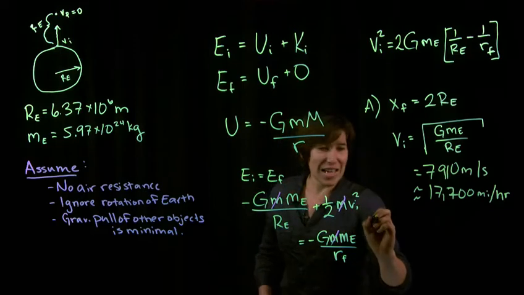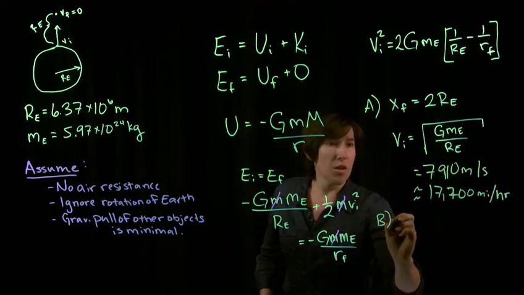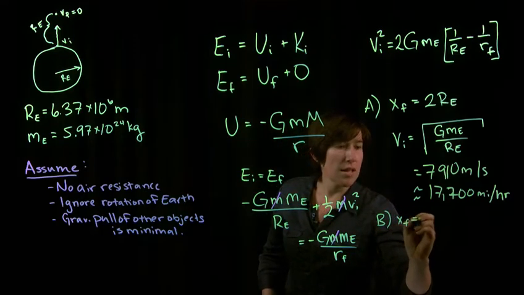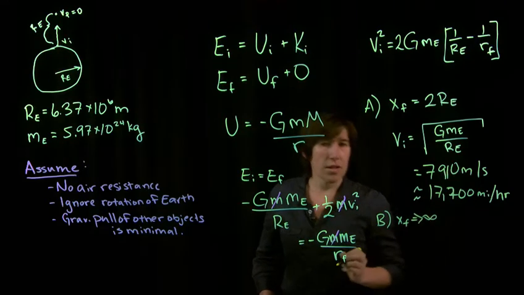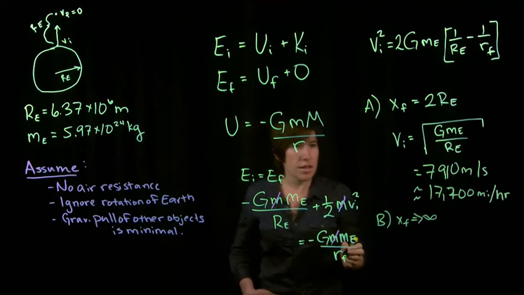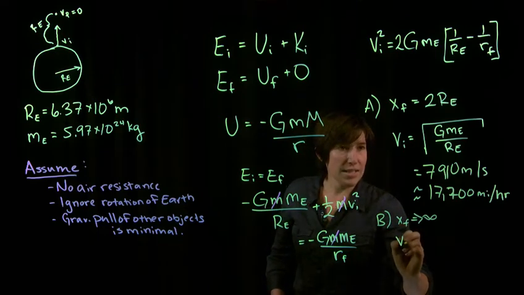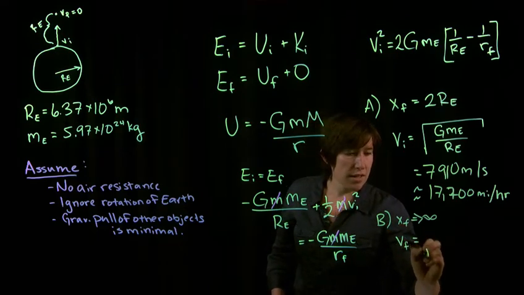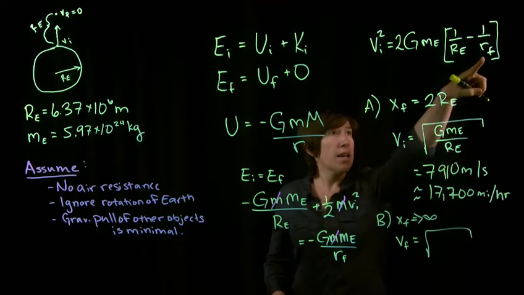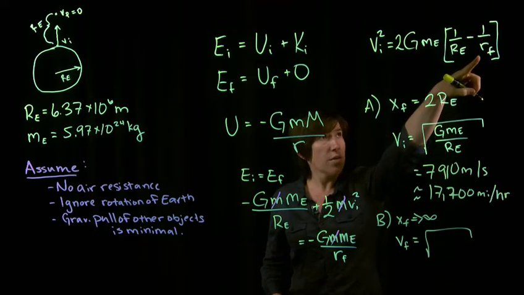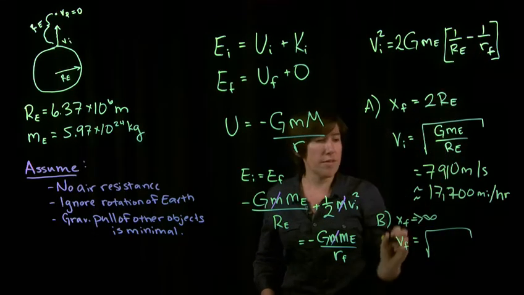And then in the next case, B, where their final position is infinity, you're sending them all the way to infinity, never want them to come back. In this case, their initial velocity is going to be given by, see, this term will cancel out. It'll go to 0 because we'll have 1 over infinity.